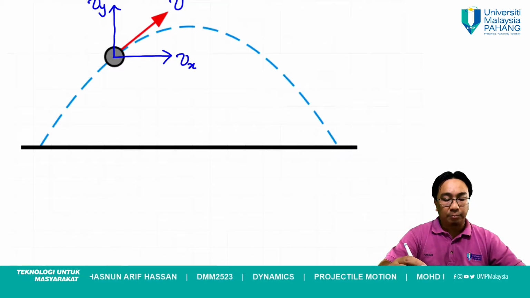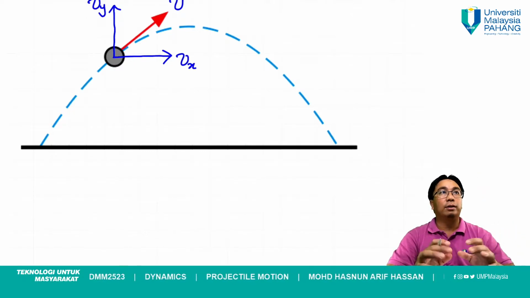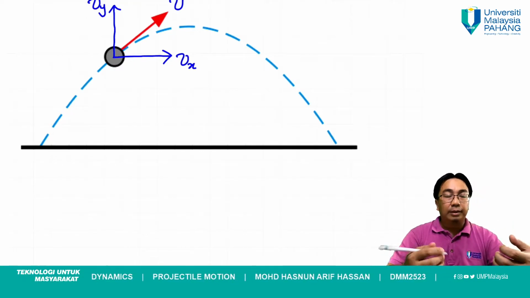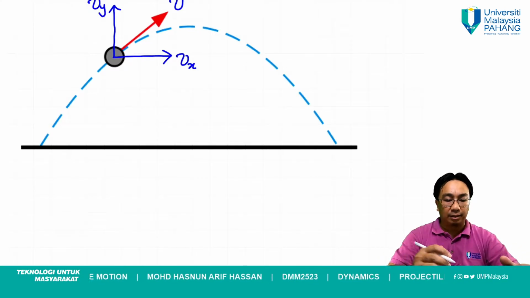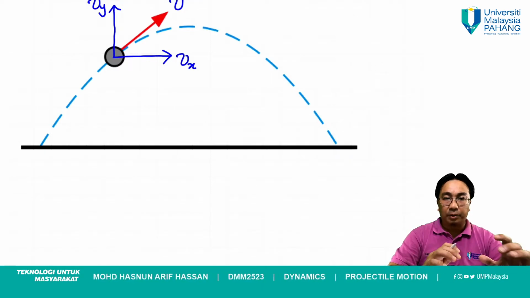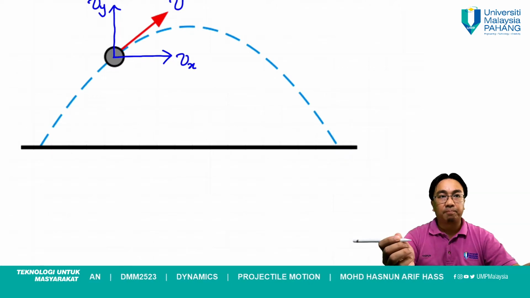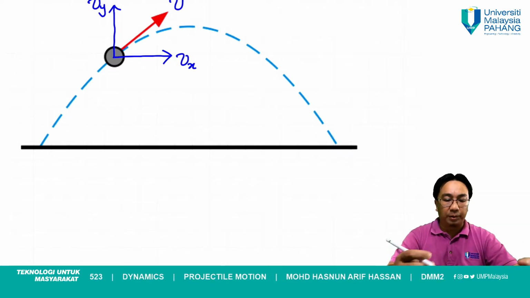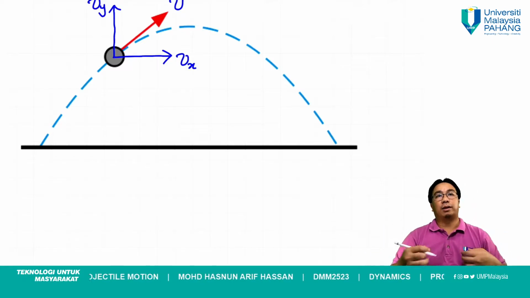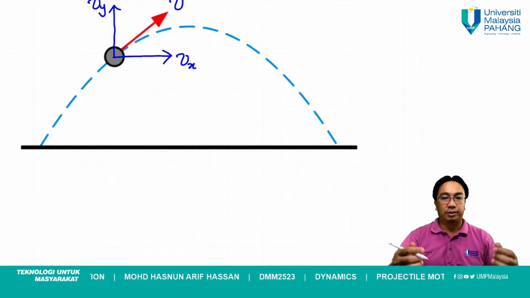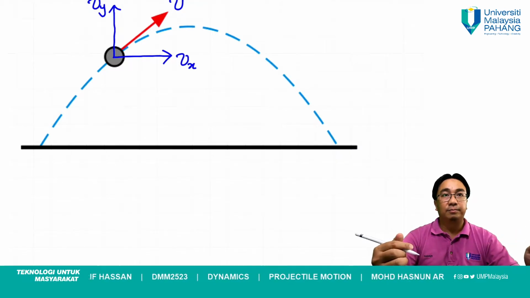Dalam masa yang sama juga, the projectile ni, the ball ke whatever it is, dia akan mengalami satu acceleration. What is the acceleration yang objek ni sedang alami? Can you tell me, anyone? Acceleration apa yang berlaku kepada dia? In fact, you currently sitting on your chair pun ada satu acceleration yang bertindak pada badan you.